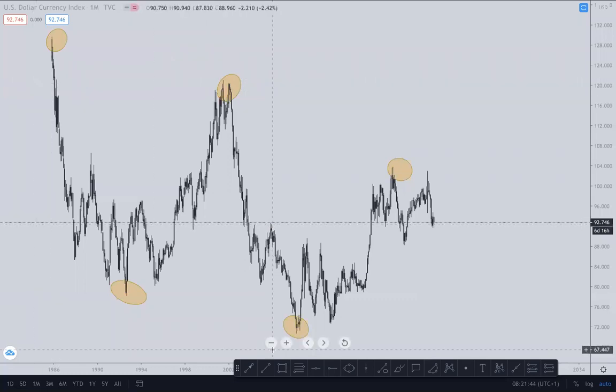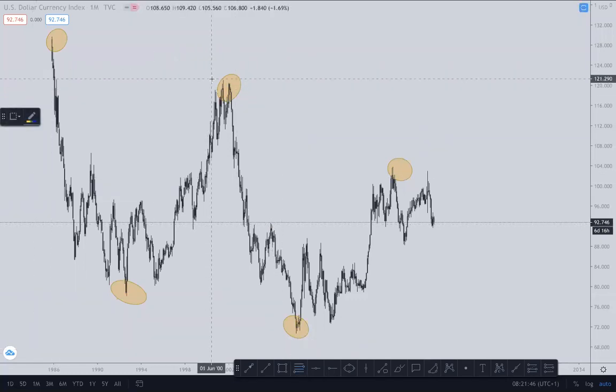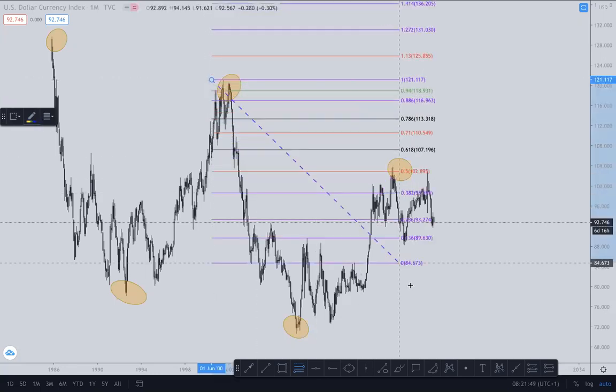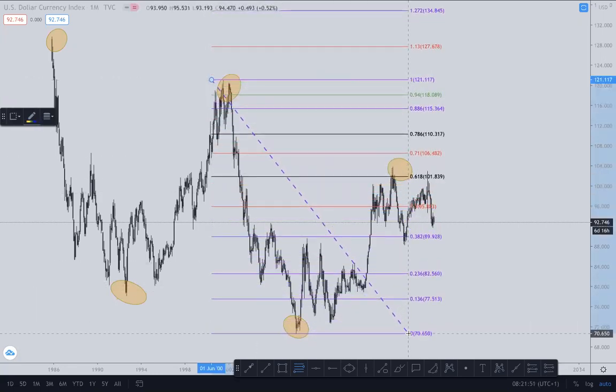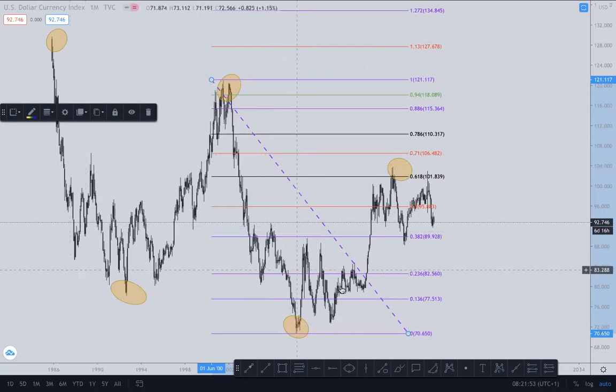However, if I should pull my fib from here to there, and this retracement in here that broke market structure is not up to 50%, I don't call it a retracement. I call it a correction.